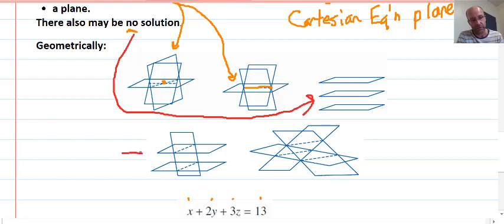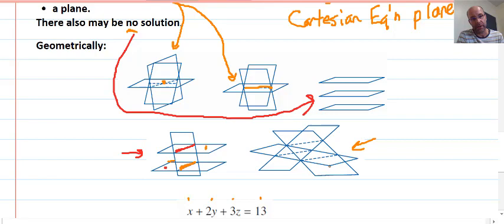That's not a common solution there. So these 2 planes do intersect, but the third one doesn't intersect there as well. These 2 planes intersect along that line, but this plane here is not involved, and likewise on that.